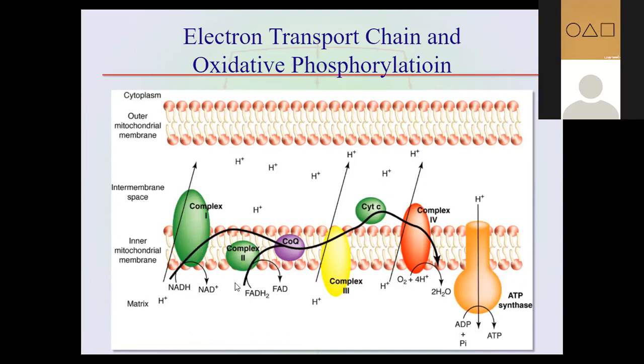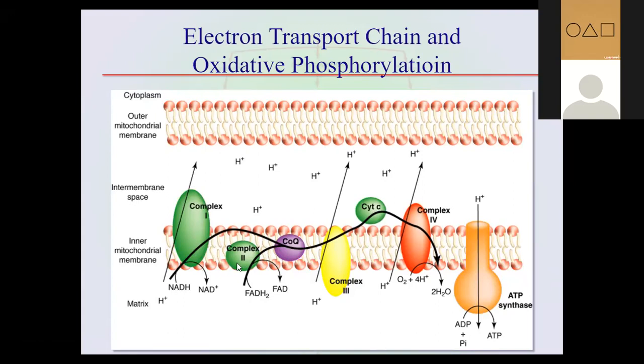So dito sa complex 2, ang magta-transfer naman ng electrons dito yung FADH2 mo. Okay? So electrons are transferred here. It does not lead to pumping of the hydrogen ions dito sa intermembrane space. Pero dahil sa transfer ng electrons, it will help facilitate that. Okay?